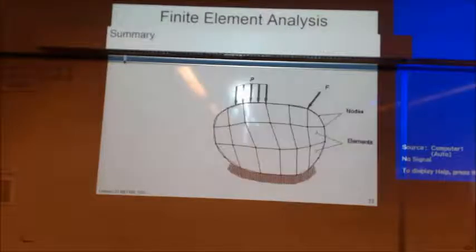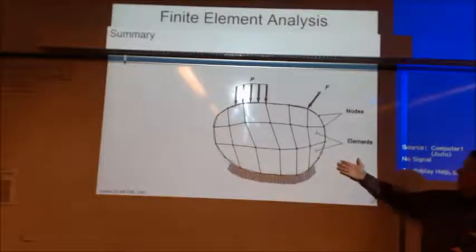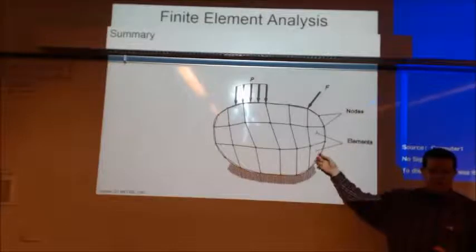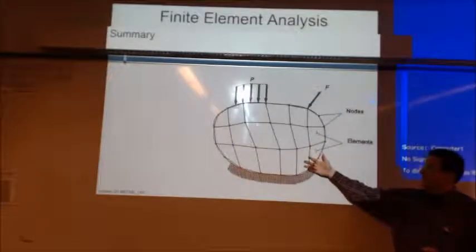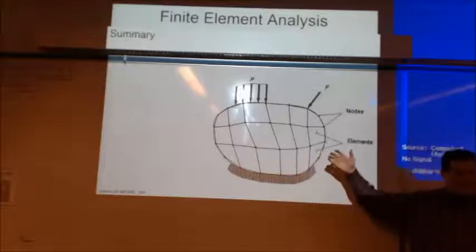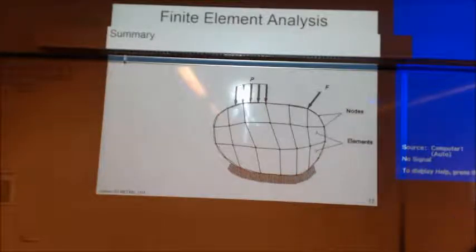Okay, so we now have the building blocks and understand the equations behind what's moving these nodes around, right? For something even of this size, it would be a much bigger set of equations that you have to solve for simultaneously, and that's why we do it with the computer instead of by hand.